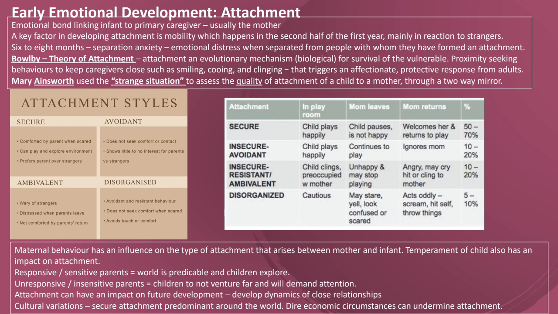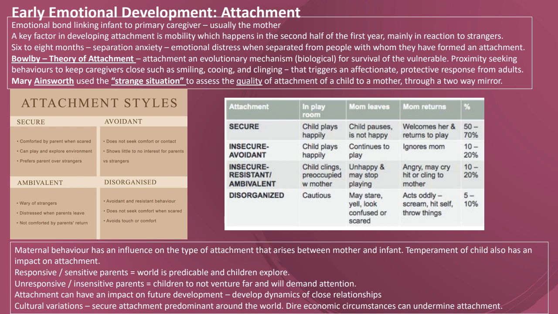Basically, the caregiver comforts the child when they're scared, but the child can feel free to play and explore the environment, and the child prefers the parent over a stranger. Somebody who exhibits that secure attachment style is basically a happy child, well cared for, comforted, and feels safe enough to explore and not threatened by other people.